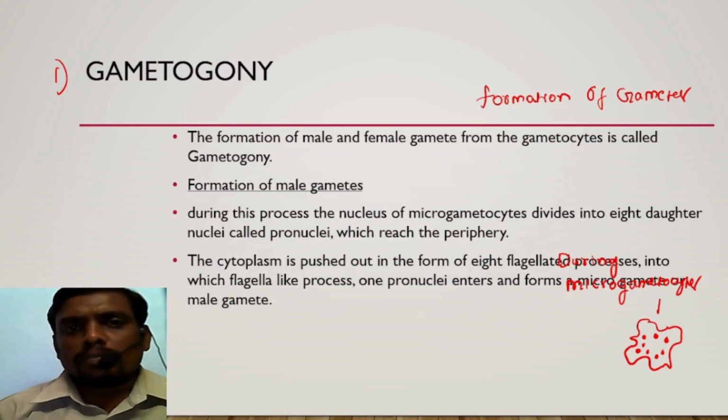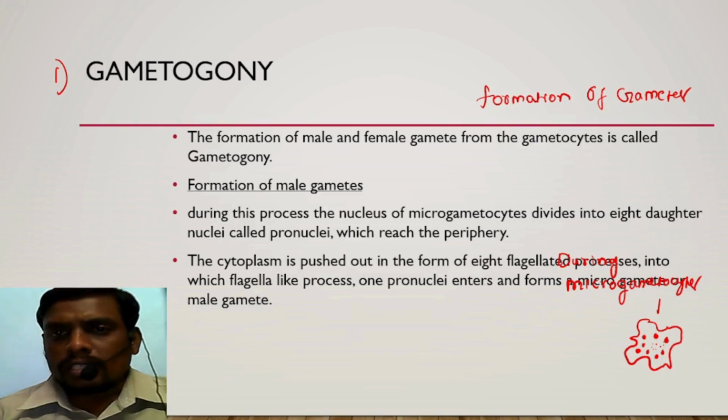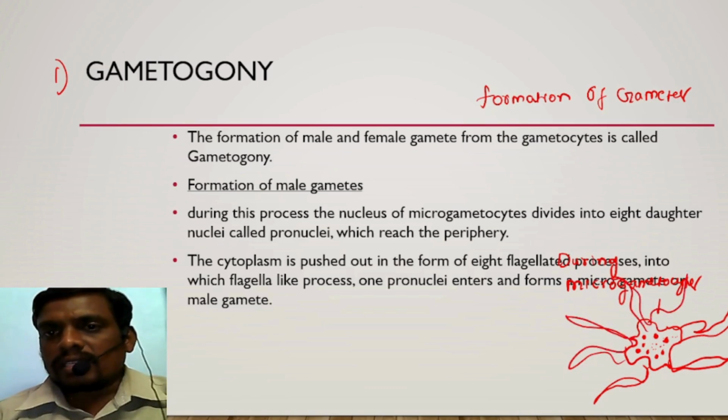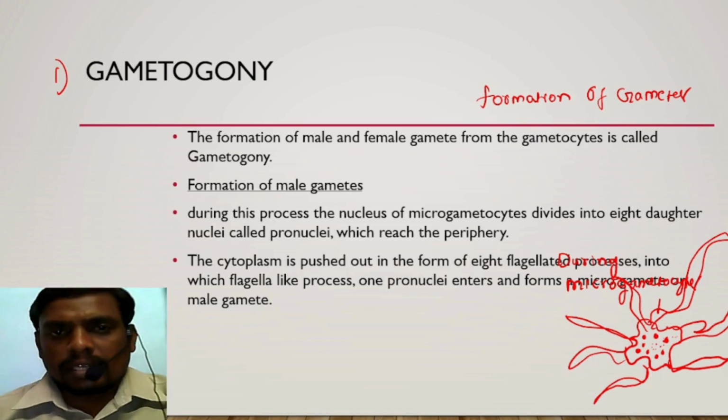The cytoplasm present here is pushed out in the form of 8 flagellated structures like this. These flagellated structures help the male gamete in easy movement.